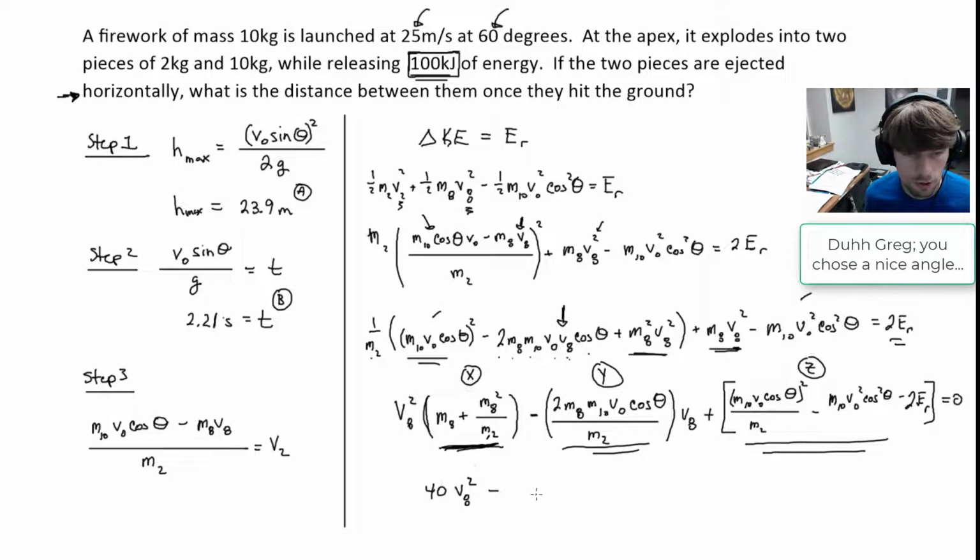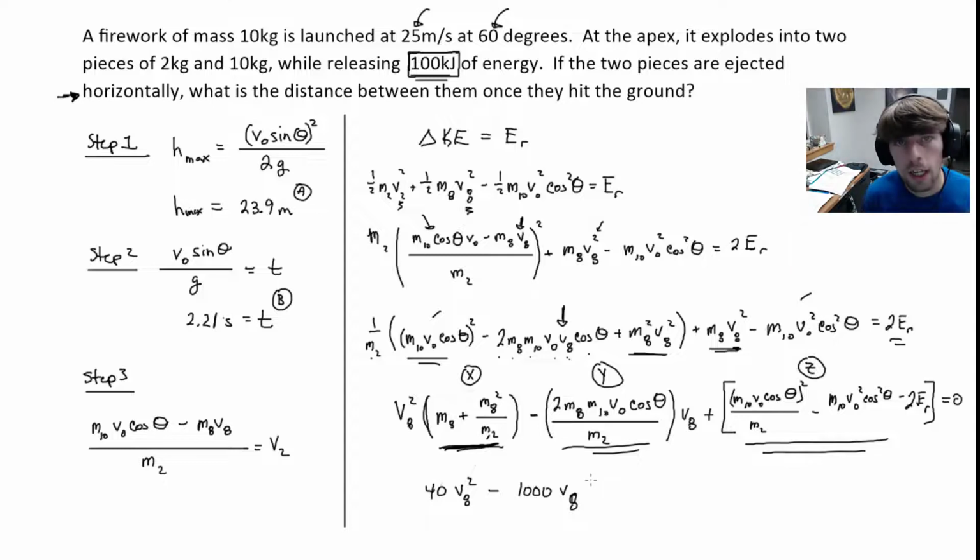Well, gee, I must have planned this out rather nicely. I got 1,000 times my variable, so 40 will represent x. I got 1,000 for y. Well, shoot, maybe I'll get lucky on the third one, right? You get 10 times 25 times cosine of 60, that whole quantity squared, divided by 2.